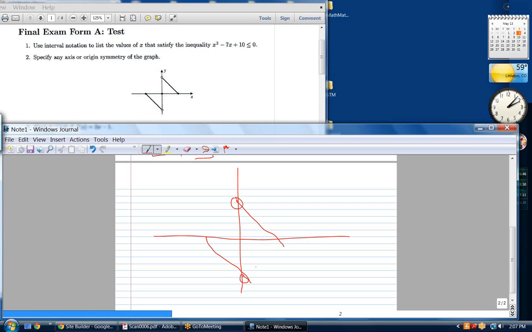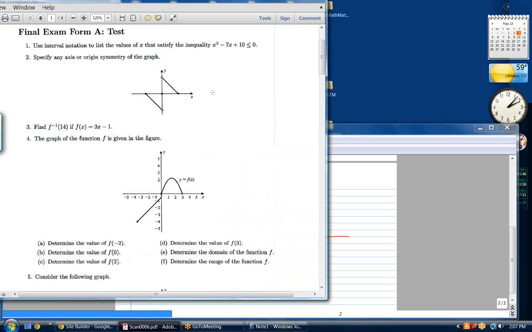Or you could rotate it about the x-axis first and then rotate it about the y-axis. If you do that to that, you get this. And that makes symmetry about the origin. Okay. Which makes it an odd function also.